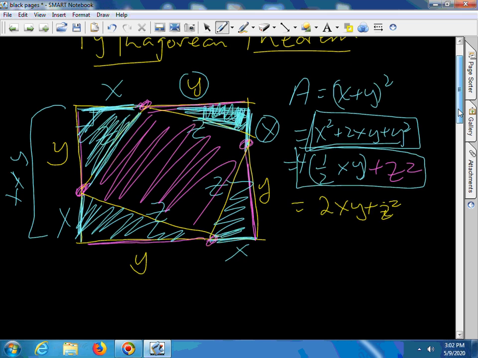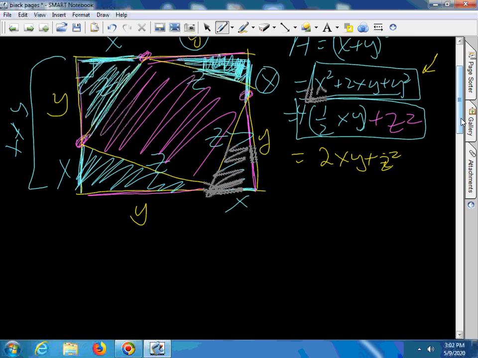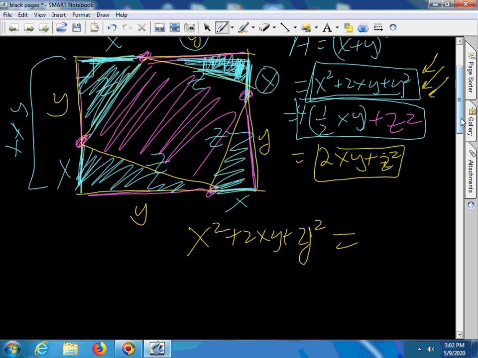Now, let's look at what we have. We have x squared plus 2xy plus y squared is equal to 2xy plus z squared. Well, I would take away 2xy from both and say I'm done.